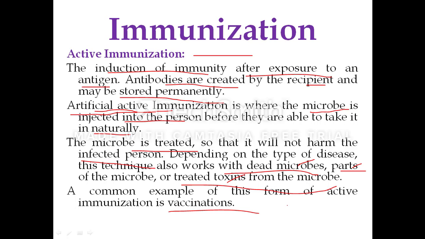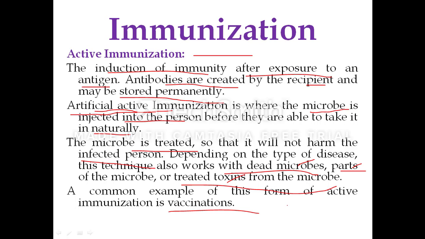So we can use them as the living microorganism or attenuated microorganism, or killed microorganisms could be used to raise the active immunization. It may also be inactivated bacterial products, like in case of tetanus, or a specific single component of the bacteria like lipopolysaccharide.